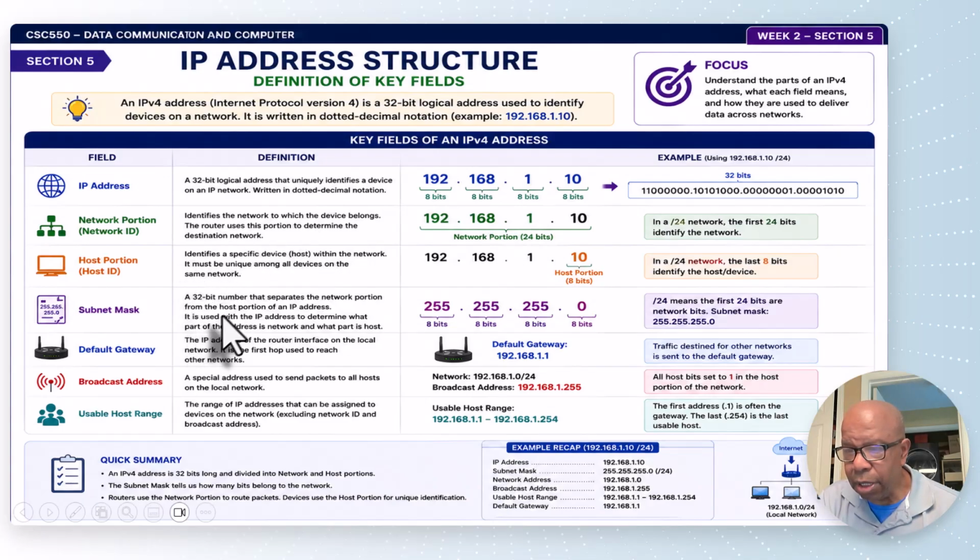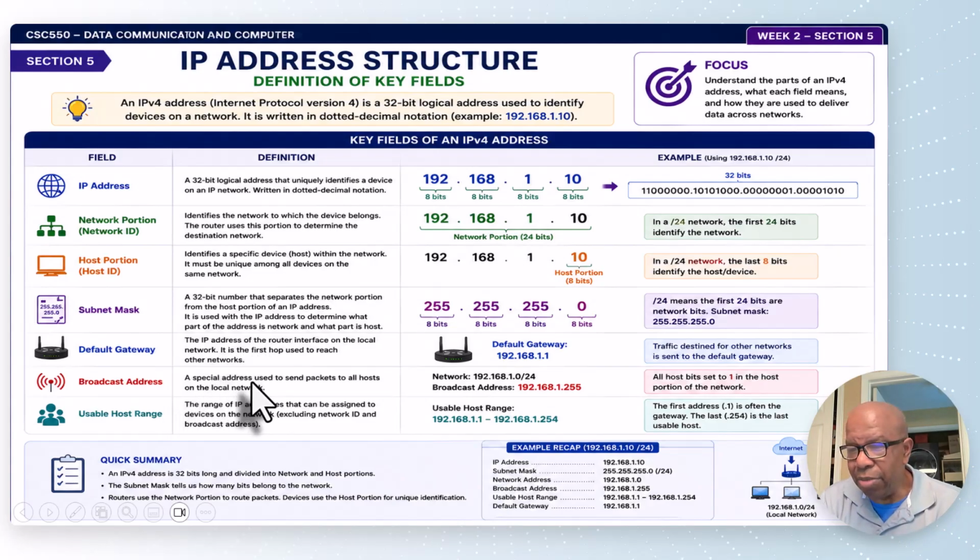Subnet means breaking the network down into various subnetworks for better organization. Default gateway is the IP address of the router interface on the local network. Even the router that's routing information, anything connected to the network, has an IP address.